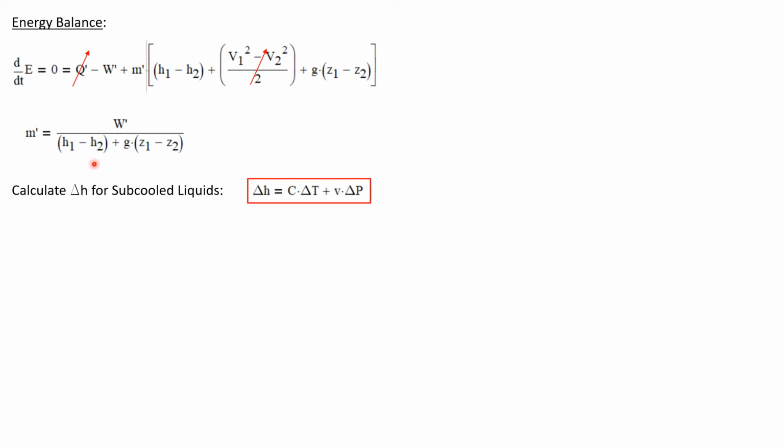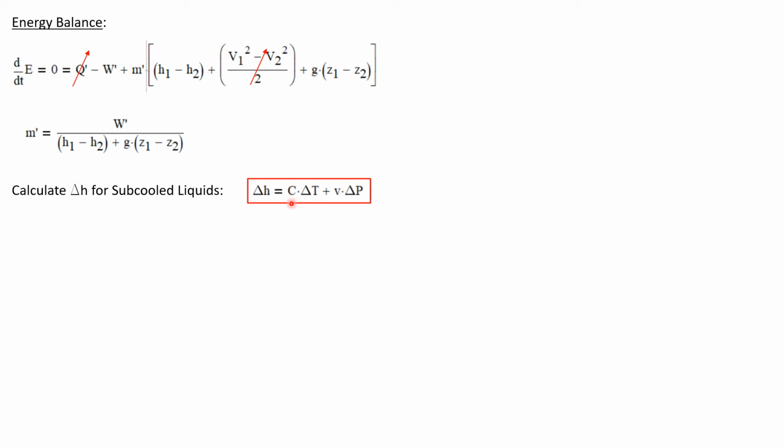How do we find the change in enthalpy for a process that involves subcooled liquids? Well, it's this equation here, which is a very important equation, and you'll want to keep this in the forefront of your notes. The delta h is just c delta T plus v delta P, where c is the specific heat of the liquid.